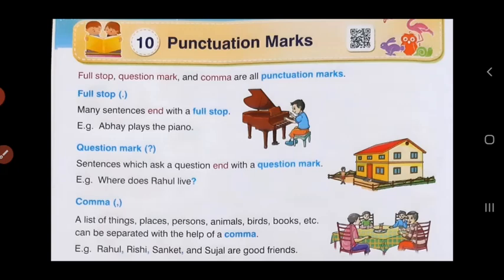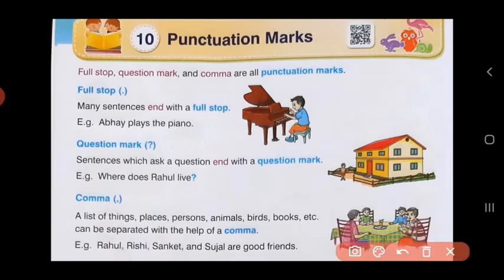Without punctuation marks, you will not be able to understand the meaning of the sentence, and also you will not understand where the sentence starts and ends. So whenever you write in English, it is very important to use all the punctuation marks. Today, let us learn about the different types of punctuation marks.